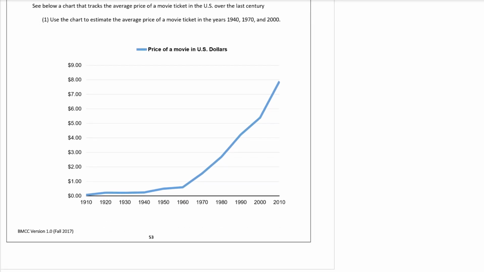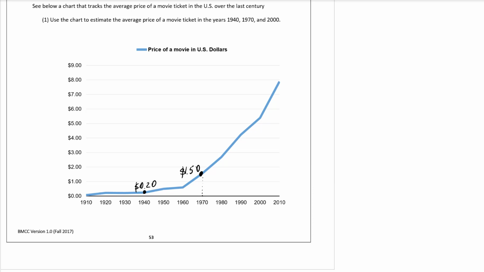Okay, so it looks like in 1940, the movie ticket cost less than half a dollar, so maybe like 20 cents. Sounds reasonable, looking at the chart. Year 1970, if you go up, it's right in between a dollar and two, so $1.50.